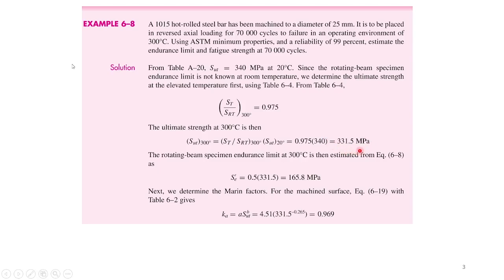So this value is less than 1400 of course. So the endurance limit is 0.5 of this value. So this is the SE that needs to be corrected for other parameters like surface finish, size, loading, and others as well. Okay, like KA, KB, KC, and so on.